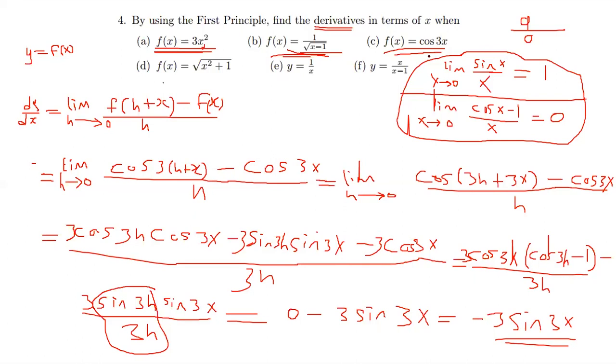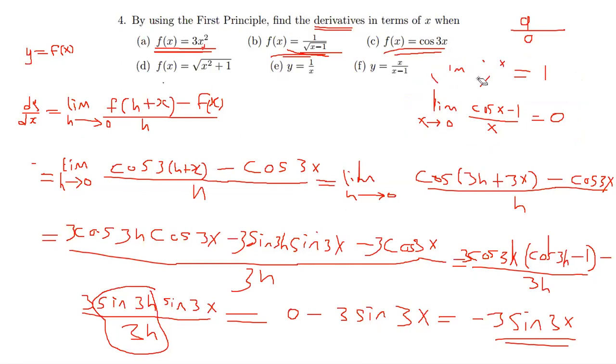So these two identities here are very important. You need to know them. And then we proceed. Let me just erase this quickly.